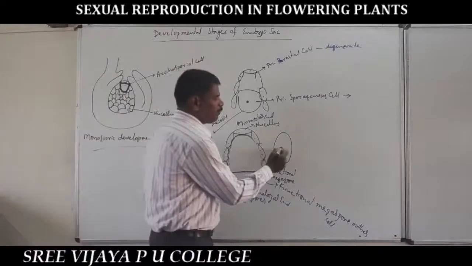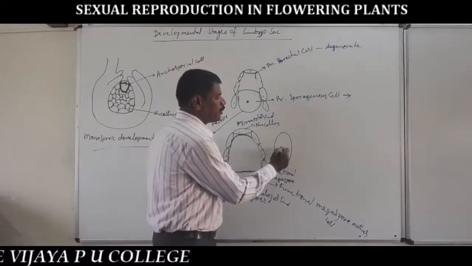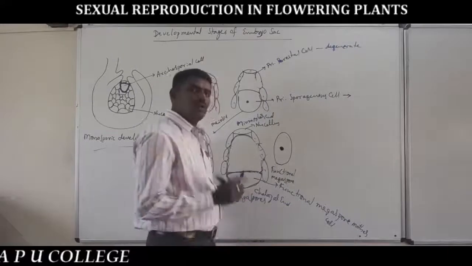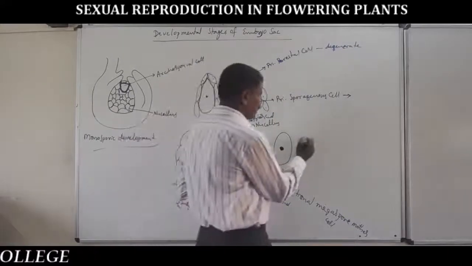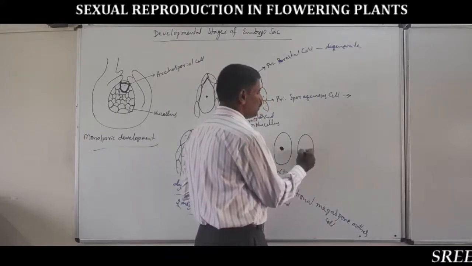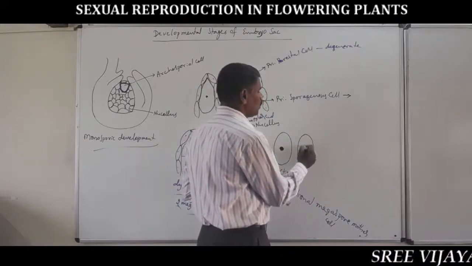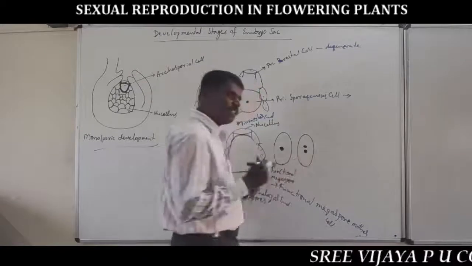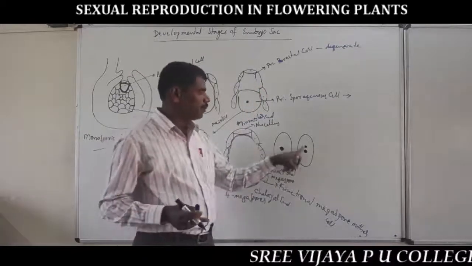The nucleus of the functional megaspore divides mitotically to produce two nuclei.